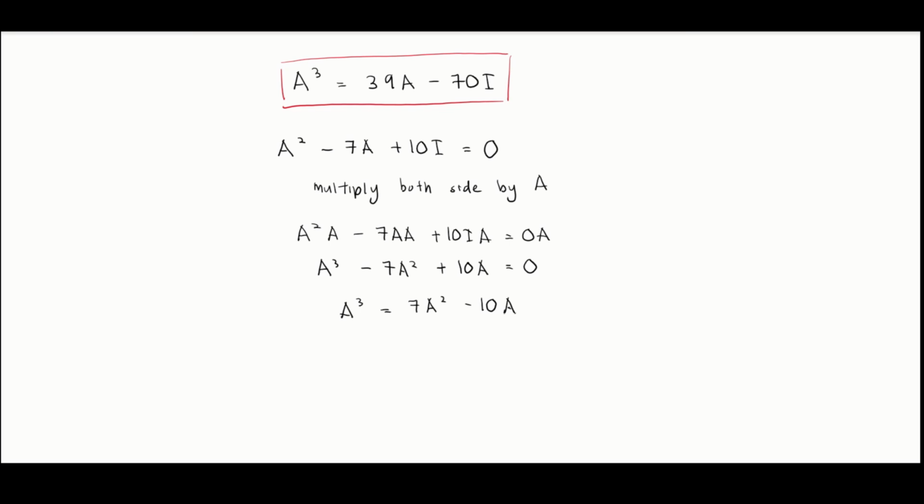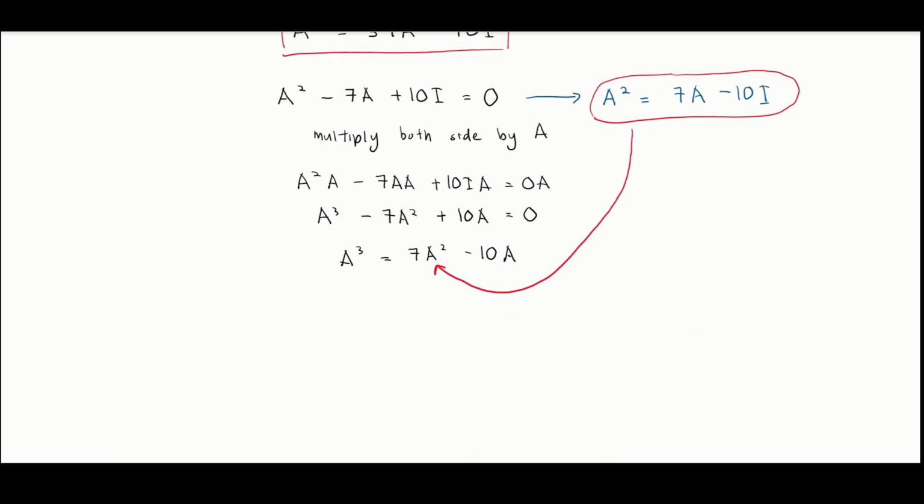Alright, so we can get there if we rearrange back this original equation here. So we have A squared is equals to 7A minus 10I, and we can use this equation to substitute here. Alright, so we're going to substitute that. So we have A cube is equals to 7 times A squared, which is 7A minus 10I, minus 10A.